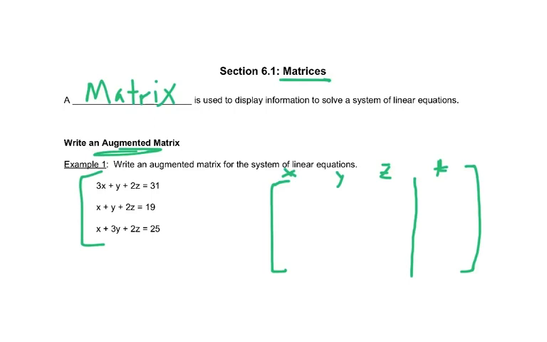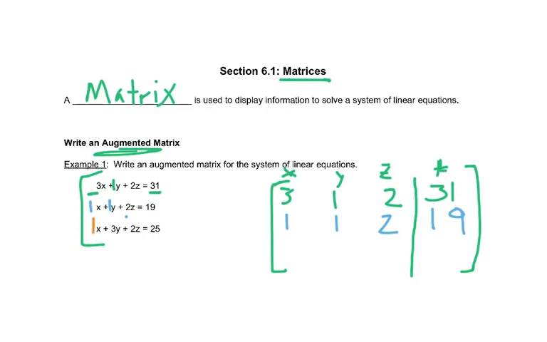So this first equation would have a 3 in front of the x, a 1 in front of the y, a 2 in front of the z. We don't write the equal sign because of that vertical line, but then that 31 goes over here. And the next equation, we'd have a 1 in front of the x and a 1 in front of the y. So we'd have 1, 1, and then a 2 in front of the z, and then the number 19 over here by itself.